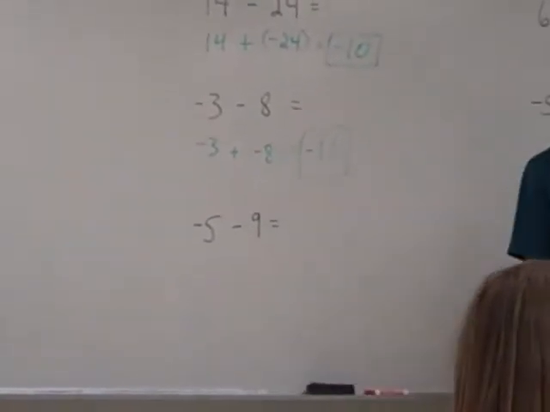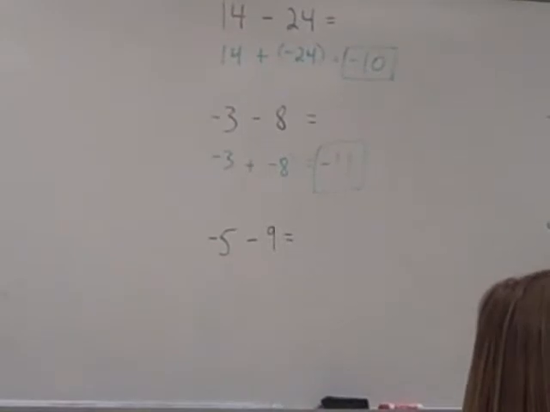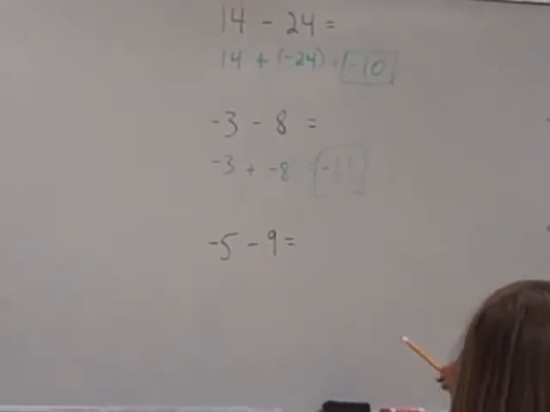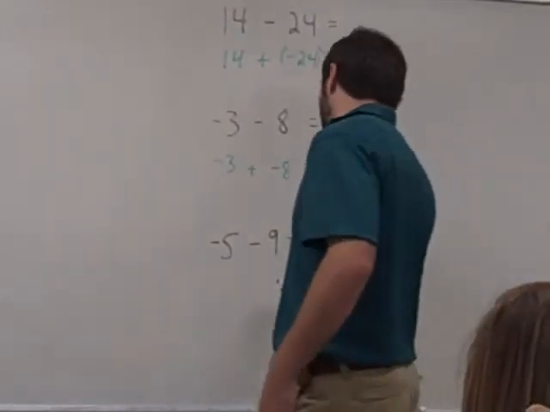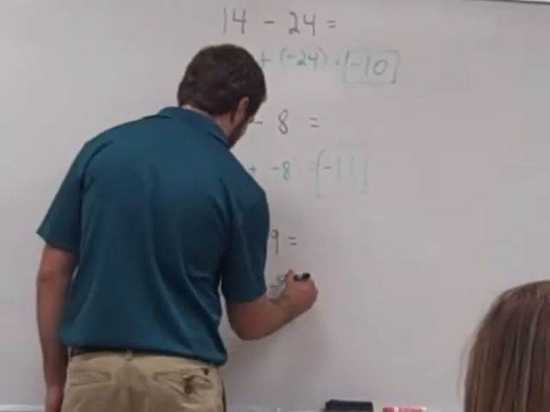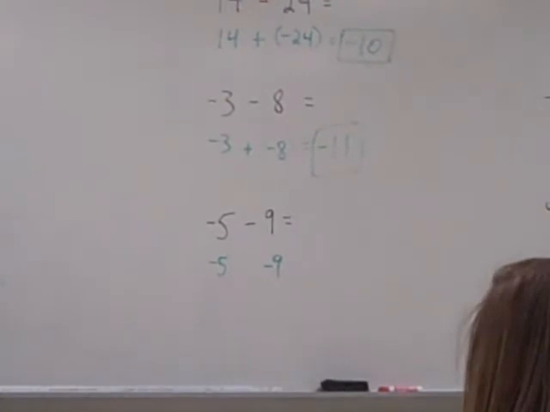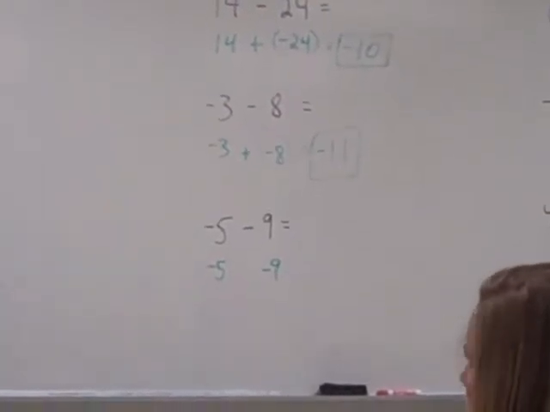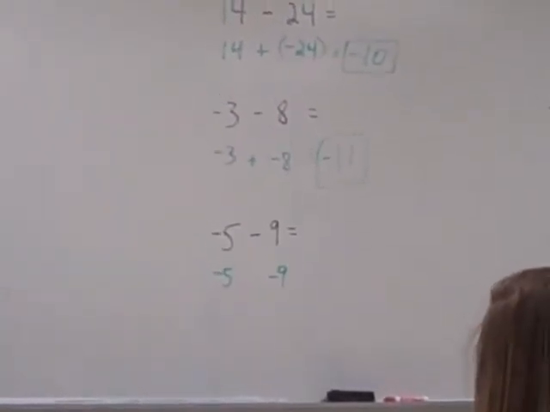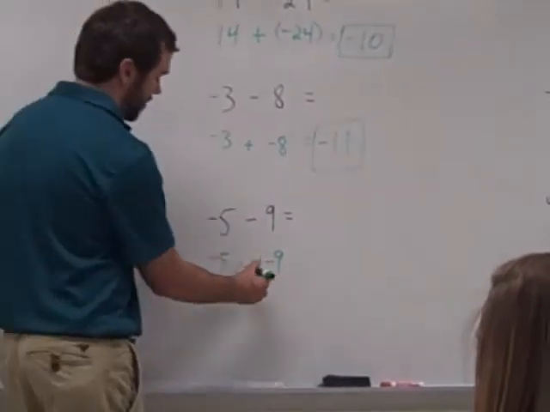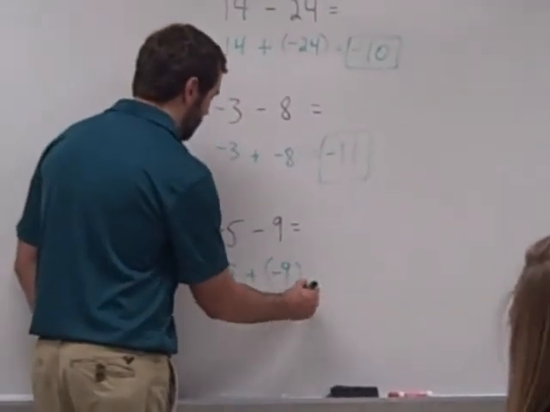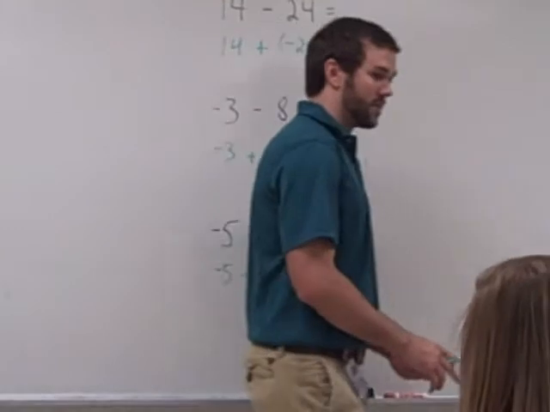What's the first step? Well, move the minus sign over to the 9. So I now have this, right? What's next, Cody? Put parentheses. Add the plus sign. Plus sign and the parentheses. Good job.